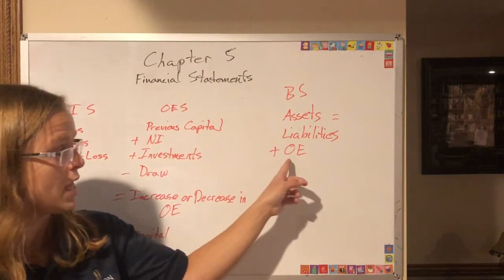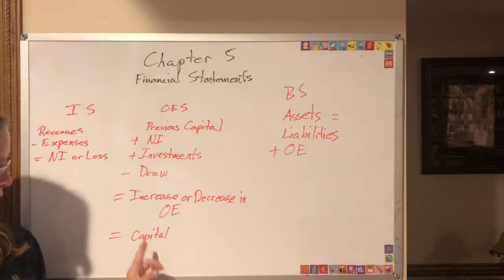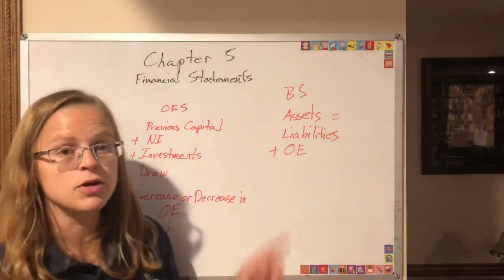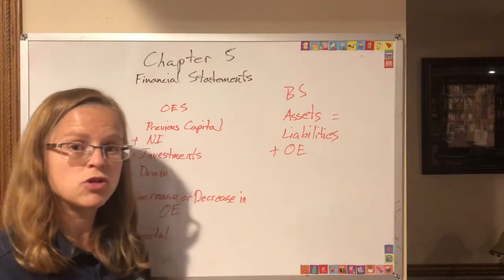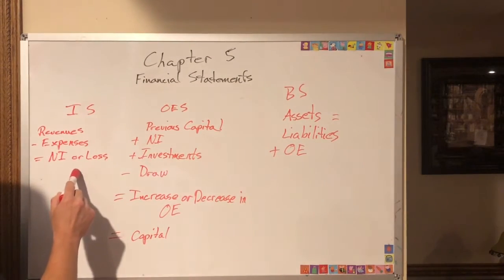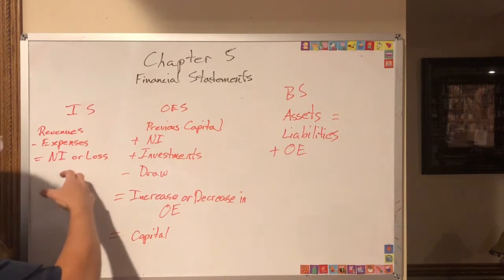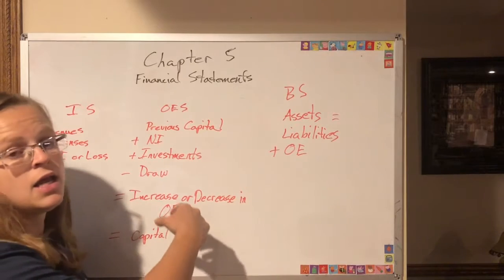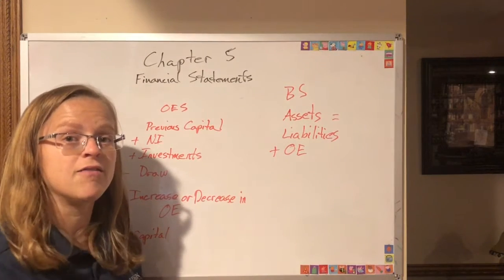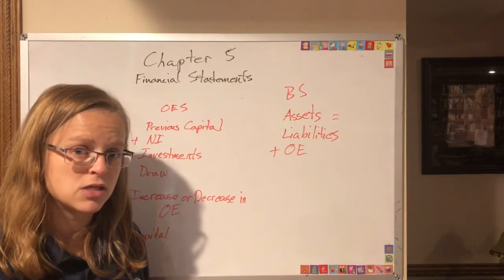So from the owner's equity statement, we take the owner's equity total and put it in the balance sheet. So you have to do them in the order that you're supposed to do them in, starting with the income statement, going to the owner's equity statement, and then to the balance sheet. And we take the information from the adjusted trial balance as well.